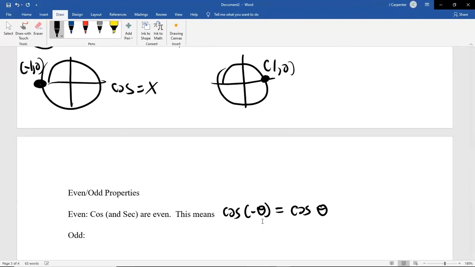Your odd functions are your sine, and of course, cosecant, and tangent. So of course, cotangent.